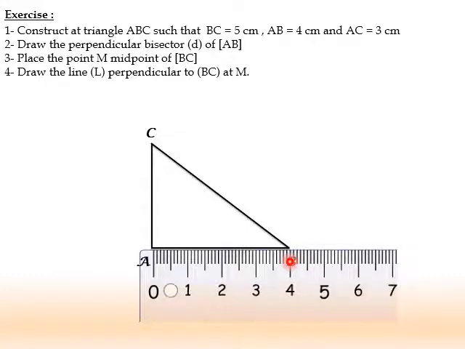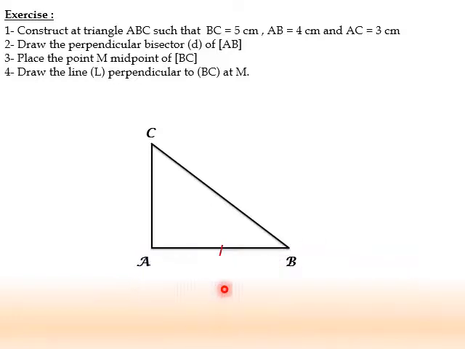The first method is to measure, it's 4 centimeters, 2 is the midpoint. Here at 2, we can plot the midpoint of AB and draw a perpendicular. Or the second method is by using the compass. Now here, I will locate the midpoint, which is at 2 centimeters, and then use my set square.